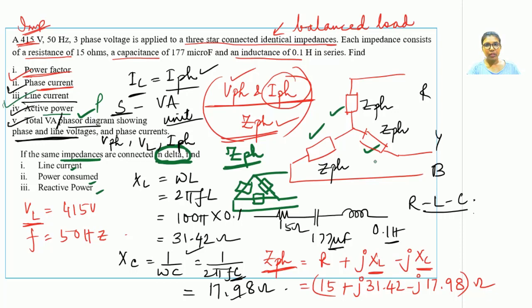It does not mean that you transform the star connection of loads to the delta connection of loads. By transforming star to delta, these values will also change. This question is not asking us to do that. This question is asking us to keep these values same and make a delta connection. So now let us see how we can work out with that.